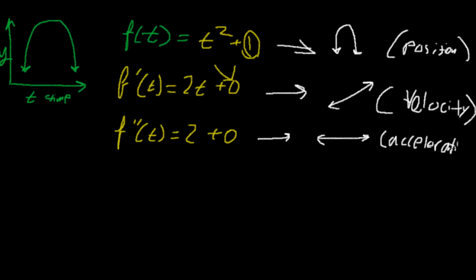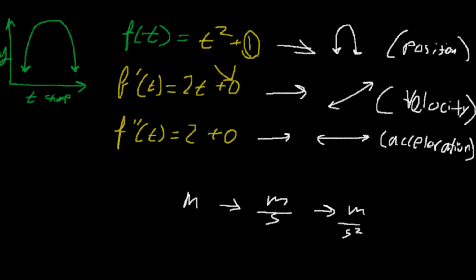An interesting way to think about this is, if position is in meters, then when you go to velocity, it goes to meters per second. And then when you go to acceleration, it's meters per second squared.